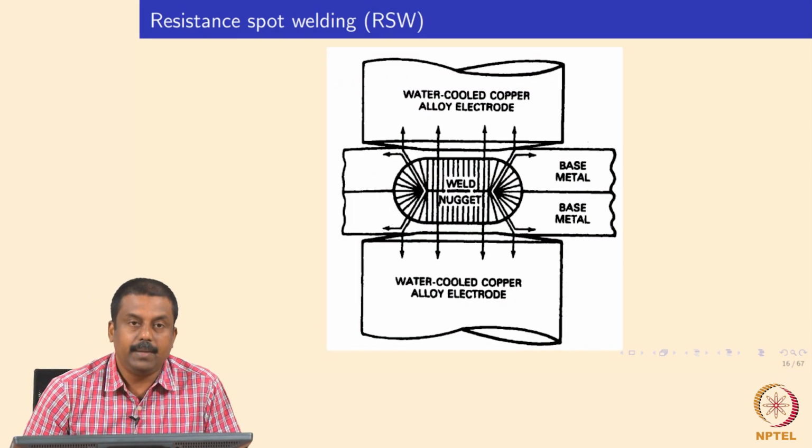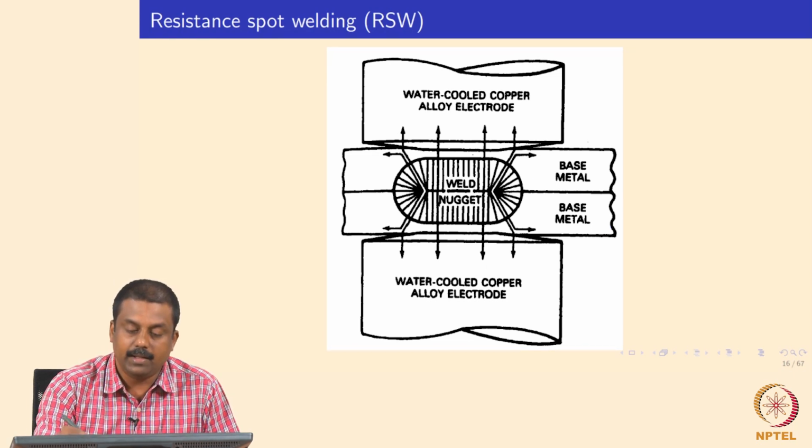As I already explained, because of the steep temperature gradients present in the weld during solidification, the weld nugget solidifies in a very columnar structure.